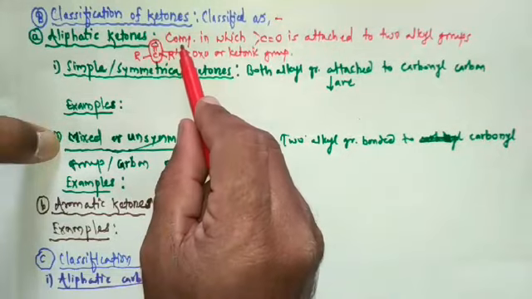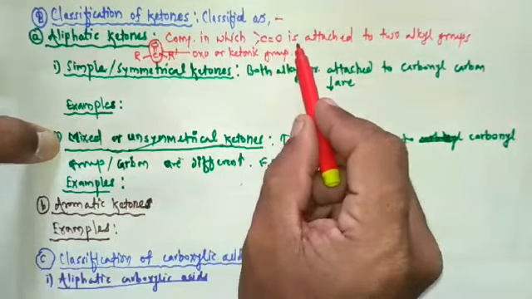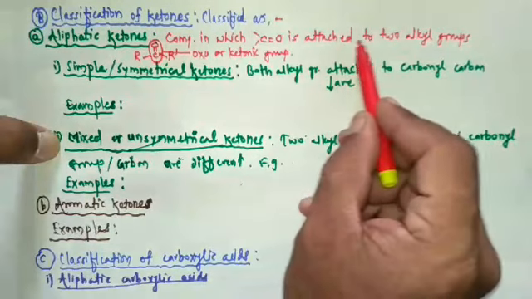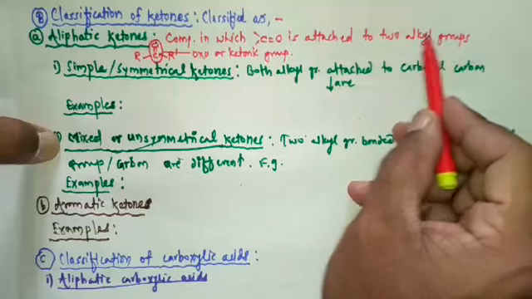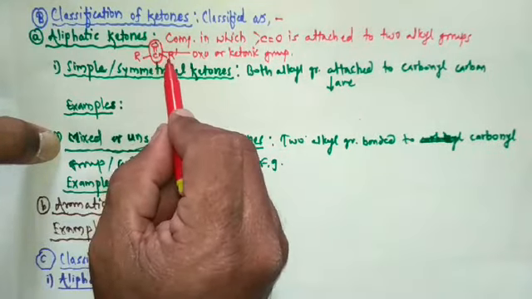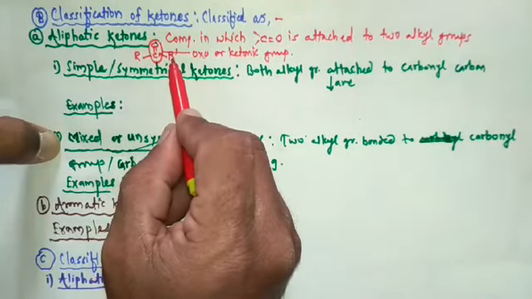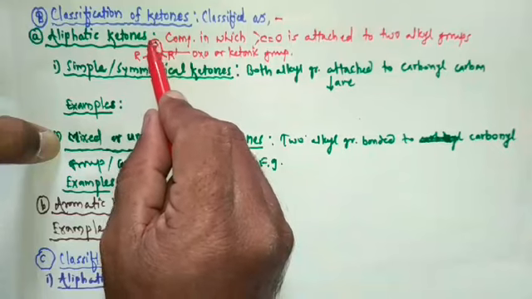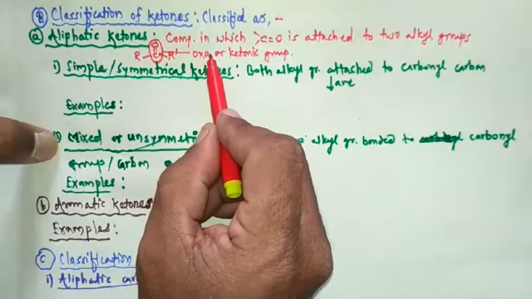So aliphatic ketones are compounds in which the carbonyl carbon is attached to two alkyl groups. Their general formula is R C double bond O R dash, where R and R dash may be the same or different, and this C double bond O group is called the oxo or ketonic group.